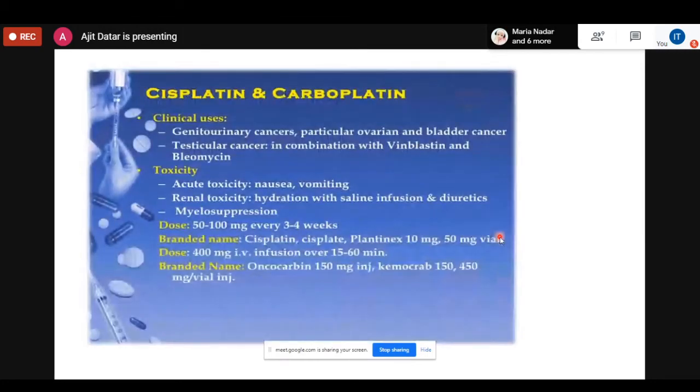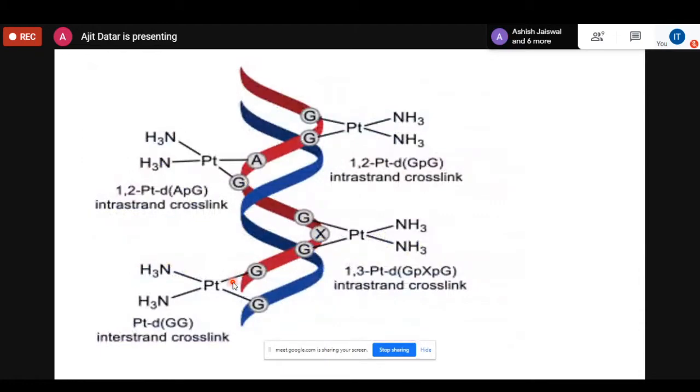Cisplatin, also called carboplatin, has very high toxicity also. About 50 to 100 milligrams has to be given every 3-4 weeks. It has a lot of side effects, and one has to determine its presence in the blood cells.